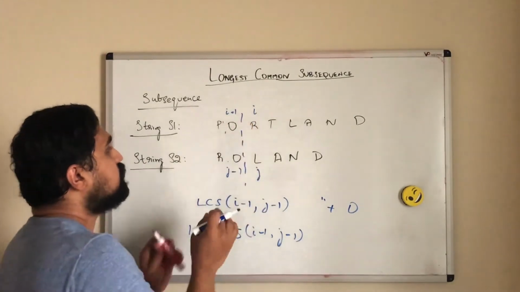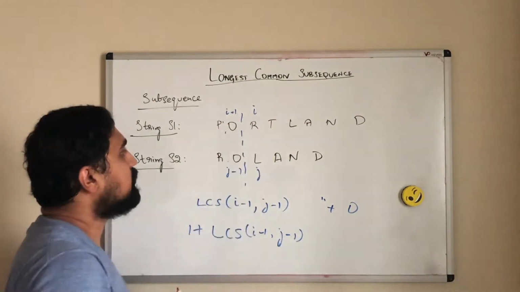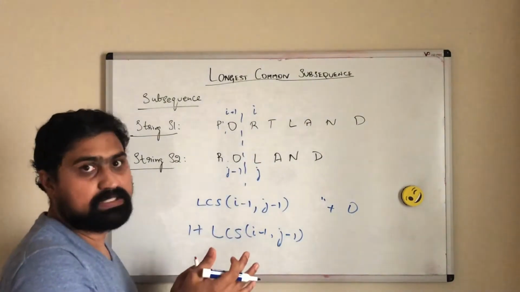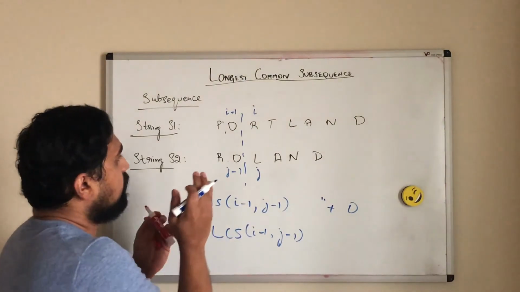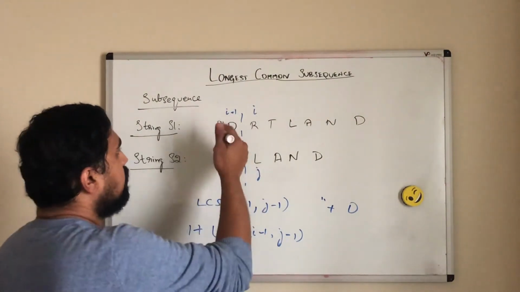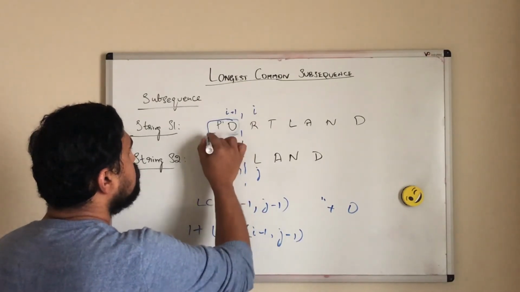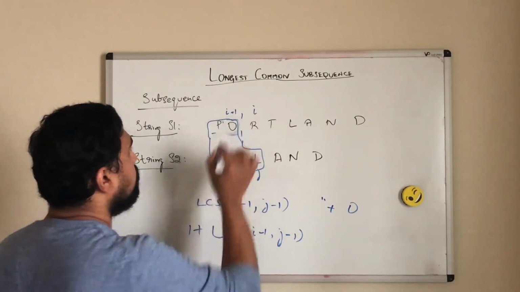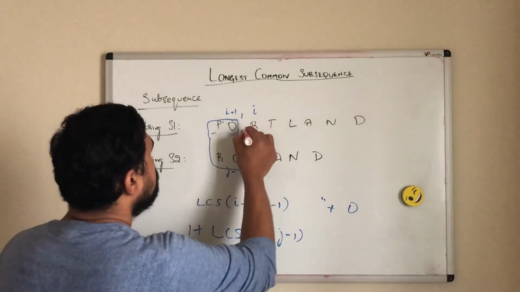If these two are a match, then we pick this solution. If these two are a match, we pick this solution. If both of them are a match, then we pick either of them. So it's basically the maximum between this solution here and this solution here.